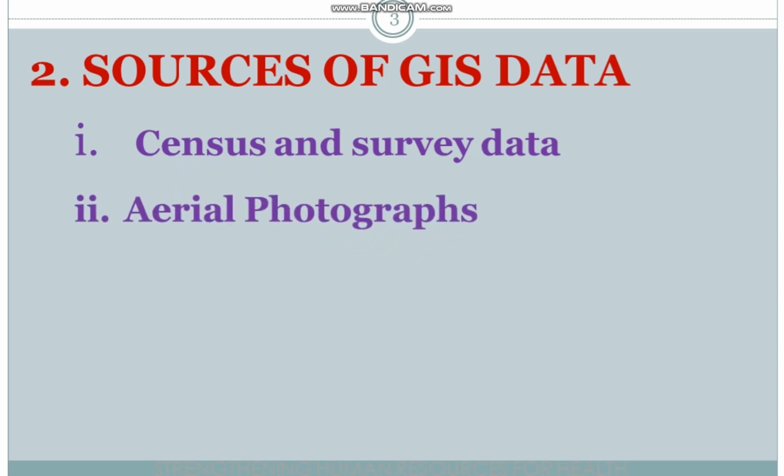Aerial photographs are another source of GIS data. An aerial photograph is just snapping, at a glance, different geographic features, capturing an image from a position above the surface, without contact with the object of interest.